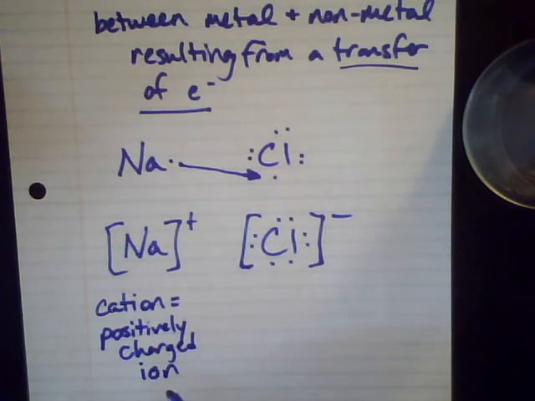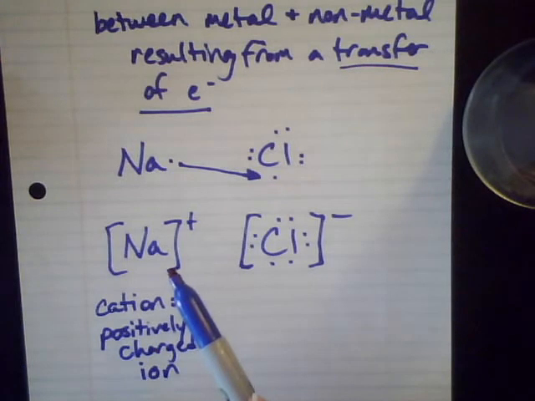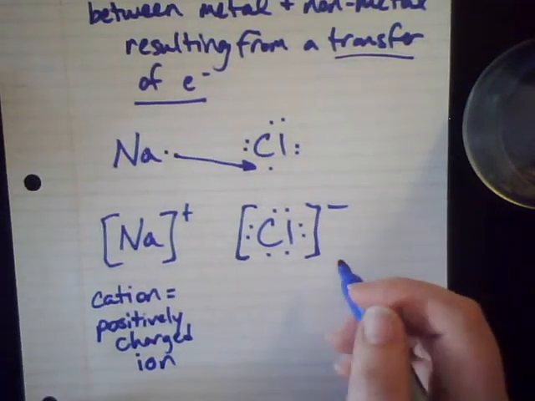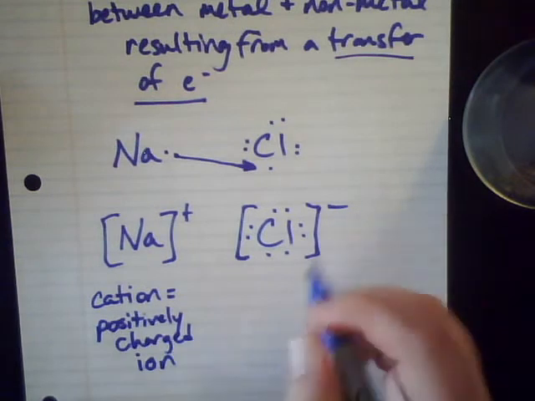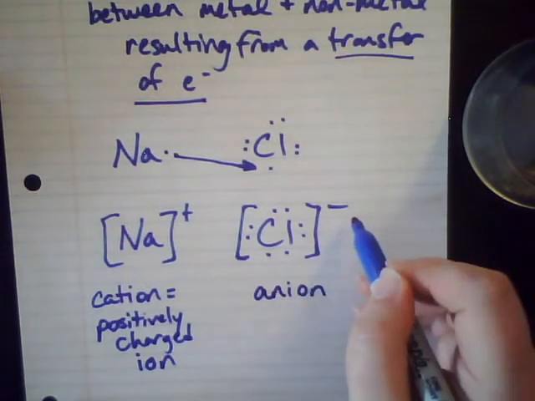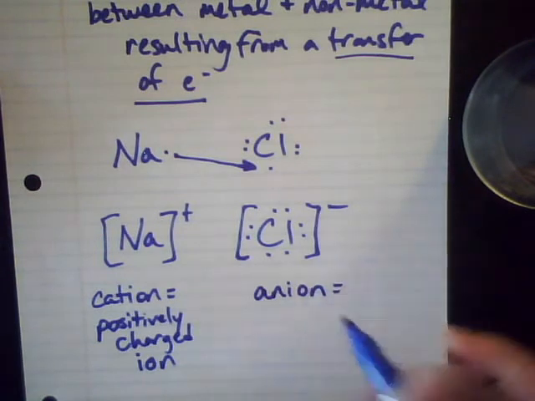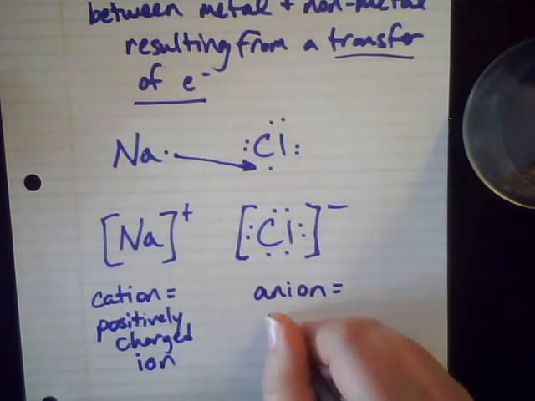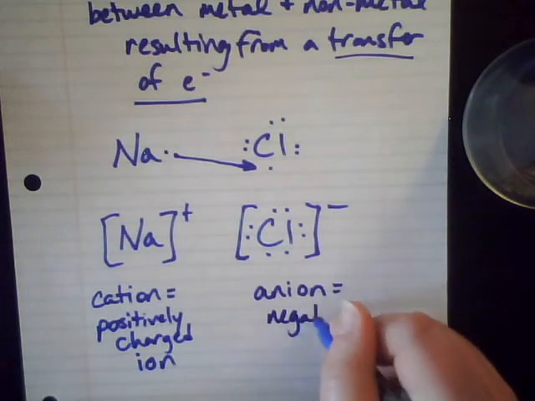So when that charge happens to be positive, whether it's a +1 or a +3, it will still be a cation. Okay. Chlorine, when it has a -1 charge on it, is an anion. It's a charged atom, so it's an ion, and the negative charge is from that "an" there. It's a negatively charged ion.